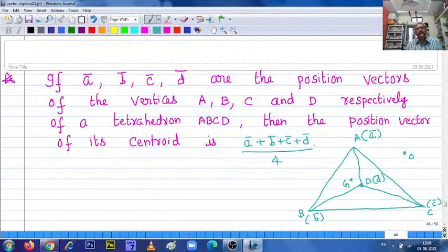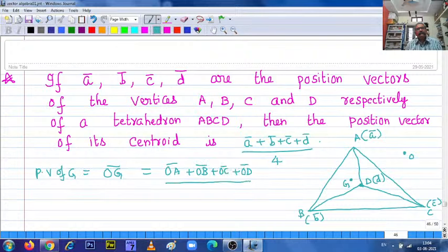You remember this formula. This also we can write: OG bar, position vector of G of tetrahedron, equal to OA bar plus OB bar plus OC bar plus OD bar upon 4. That is A bar plus B bar plus C bar plus D bar upon 4.